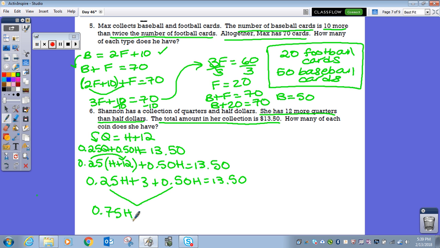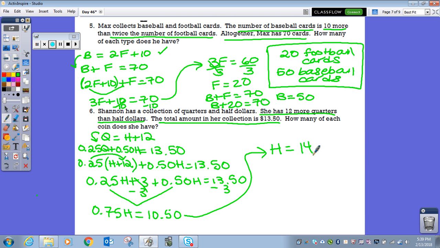I know I'm getting down to the bottom of the board here, so make sure you can see what I'm doing here. 0.75H. I'm going to subtract 3 from both sides, right? I do have to do that. So that's equal to 10.50 now, right? And finally, I'm going to divide 0.75 on both sides, and I'm going to end up with H is equal to 14. That's how many half dollars I have.